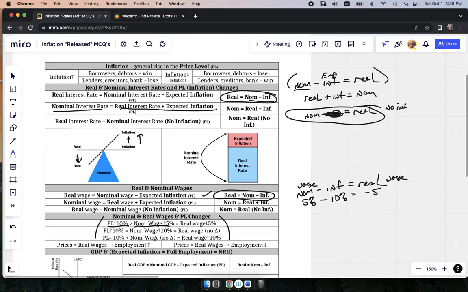See if this makes sense. The idea here is that what we've lost is what we call purchasing power. You might be getting paid 5% more, but the price of everything went up by 10% more. Your real wage is your purchasing power. It shows exactly what you can put into your grocery cart, is the way I like to think of it, right?